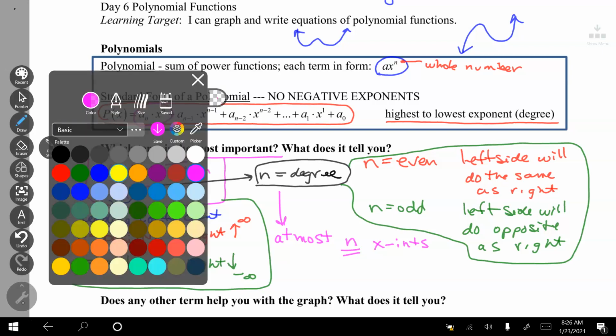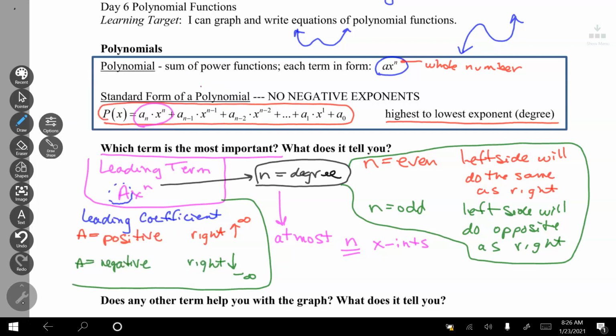And then finally, it would have at most n turns, or what you want to call bumps, what I call peaks and valleys.